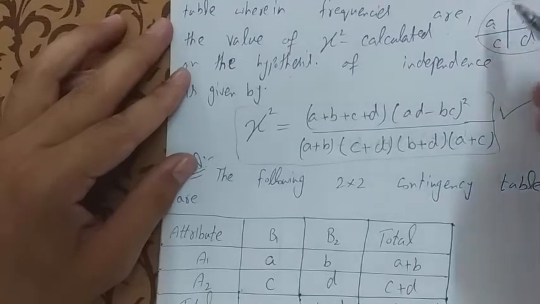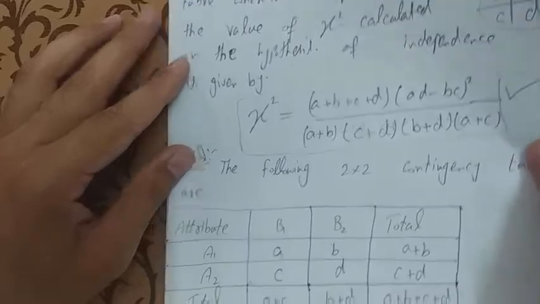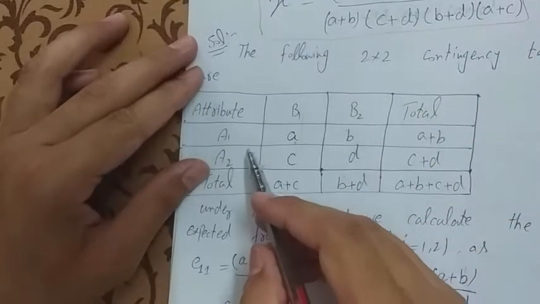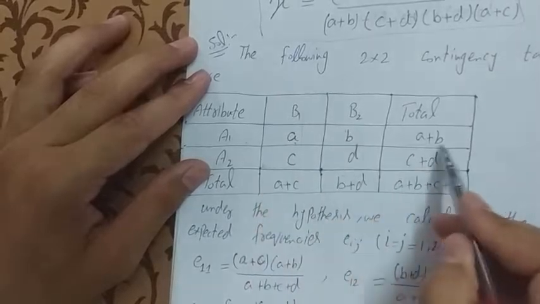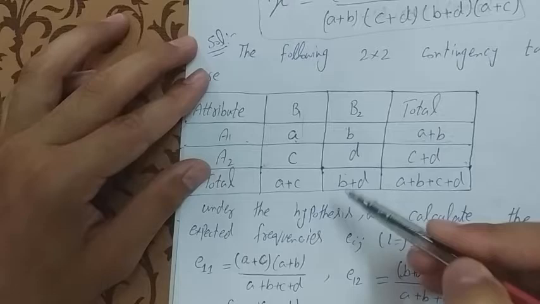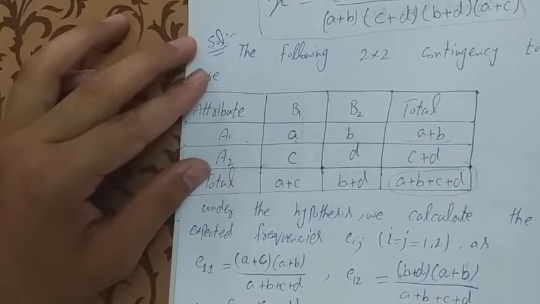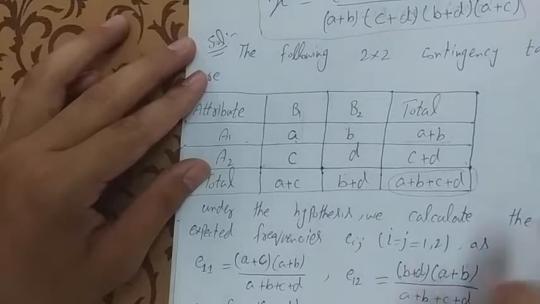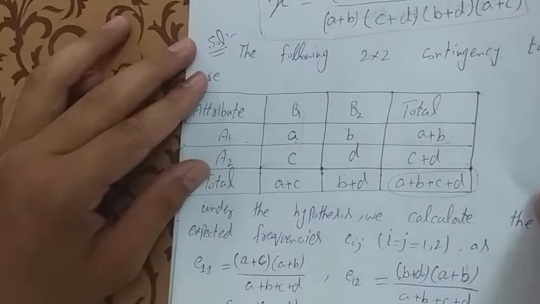We write similarly A, B, C, D, and when we sum up, in the total we sum up the horizontal A plus B, C plus D, and sum up the columns A plus C and B plus D. And in this place we put the total sum, the marginal total, which is normally n.